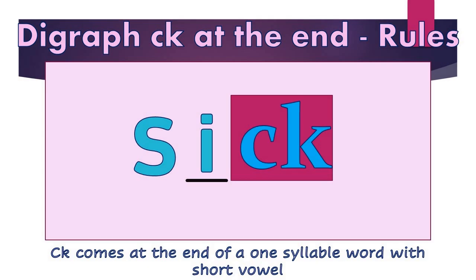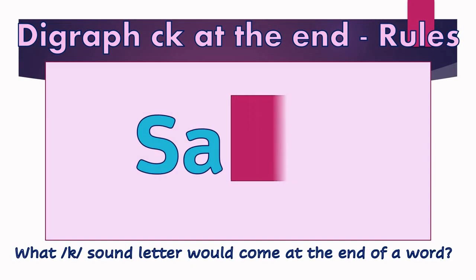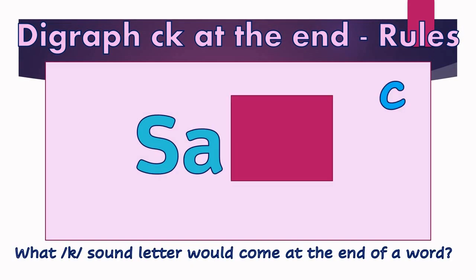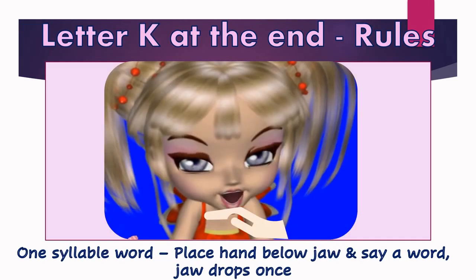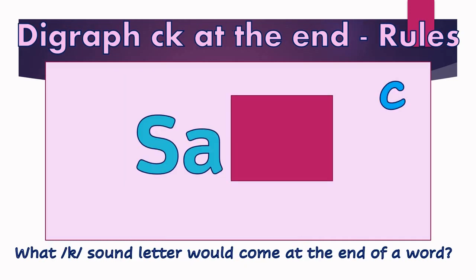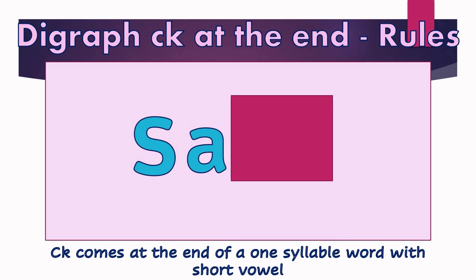Let's take another example, sack. So here also, tell me how many syllables this word has, sack. One syllable. But did you notice? Before K, it has a short vowel A. So CK will come here to give sound K.